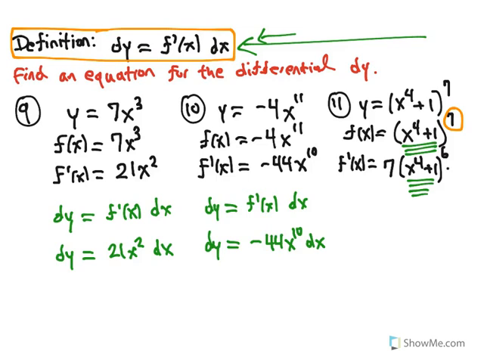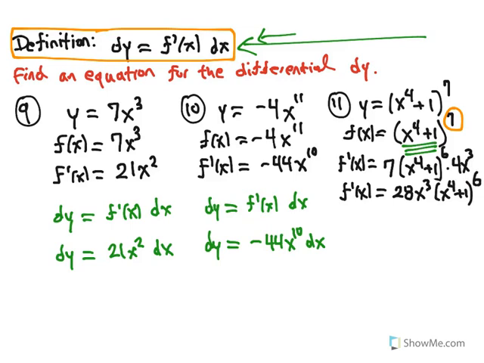So we're going to have multiplied by 4x cubed plus 0. The derivative of 1 is 0, so I have plus 0. So f prime of x, if I were to simplify it, would be 28x cubed times x to the fourth plus 1 to the sixth power.